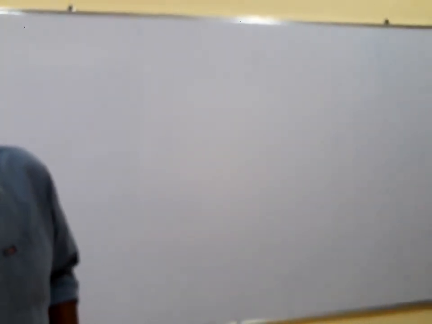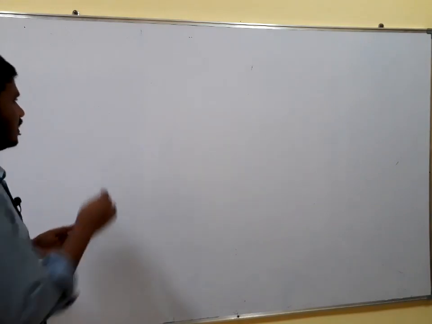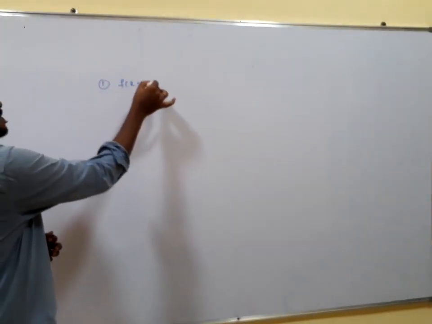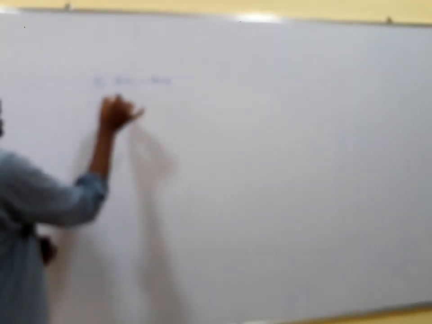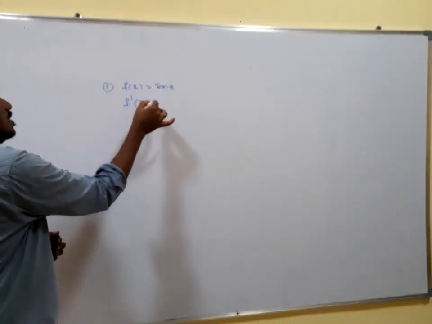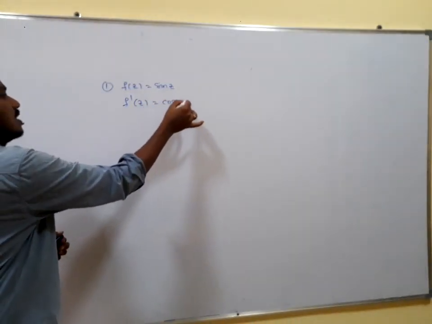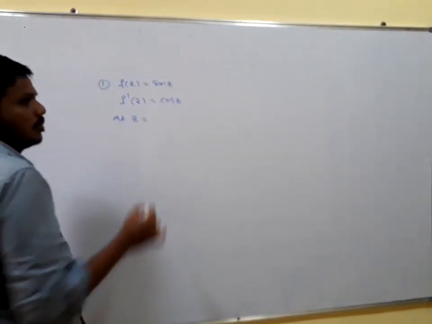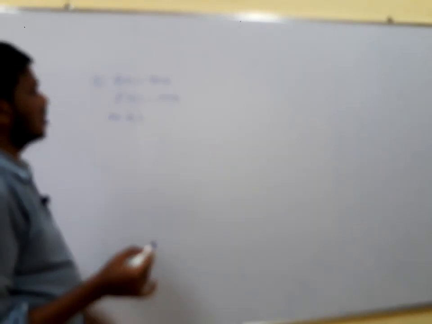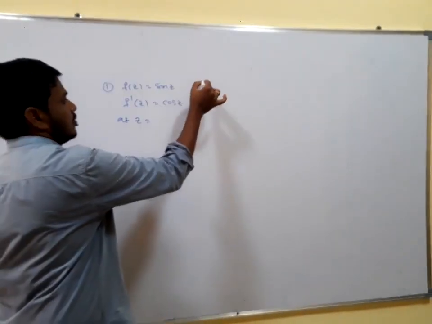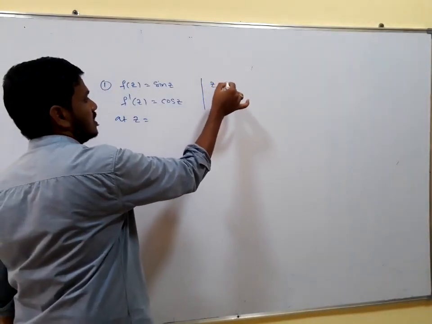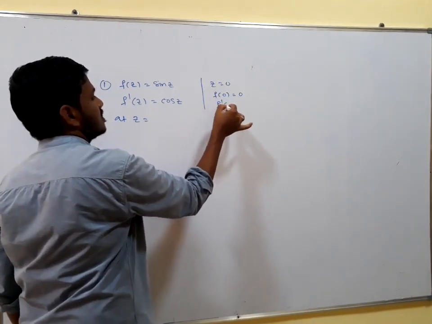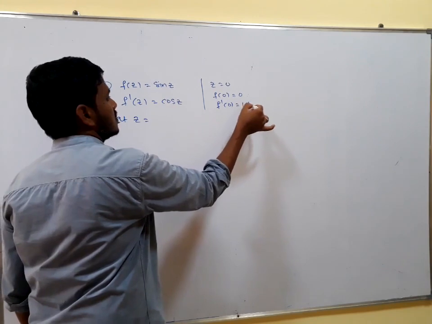Taking the first example, f of z equals sin z. The derivative f dash of z is cos z. At z equals n pi, we have many points. Thinking about the one point at z equals 0, f of 0 is equal to 0 and f dash of 0 is equal to 1, not equal to 0.